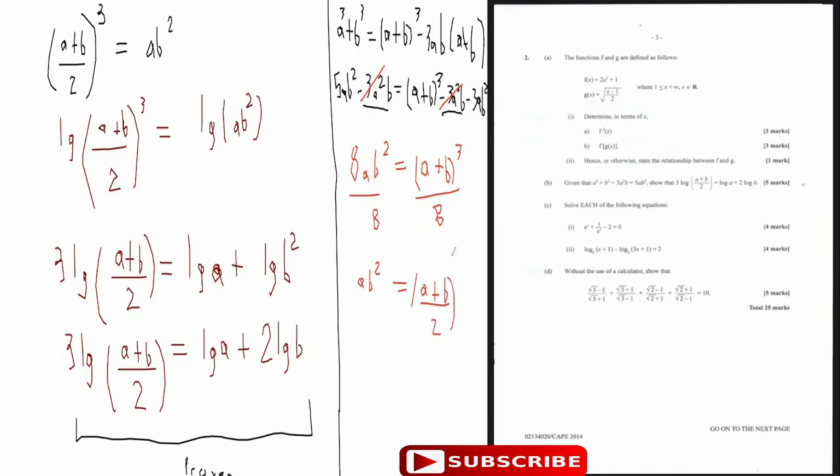And then when you get to this side, you can just log both sides to say, oh, the log of A plus 2 log B is indeed equal to, carry down the power 3 to get 3 log A plus B over 2. So that's what you could do.